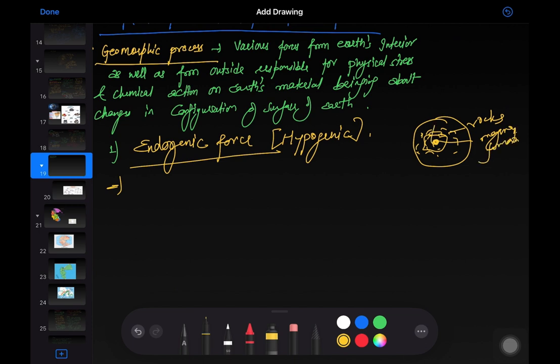This magma when erupted causes volcanism and the movement of this magma is responsible for various endogenic processes. So endogenic processes are the forces acting from Earth's interior.